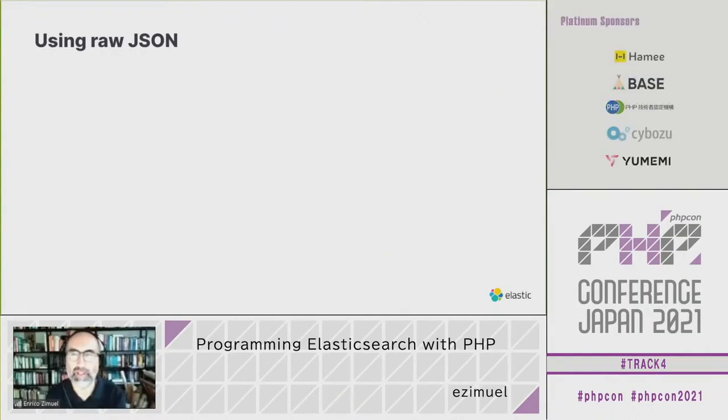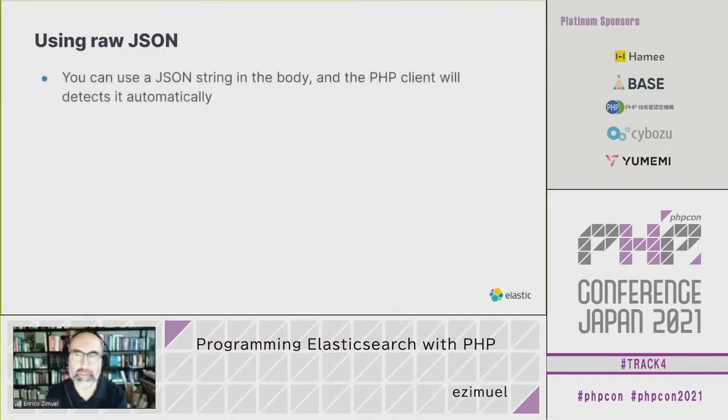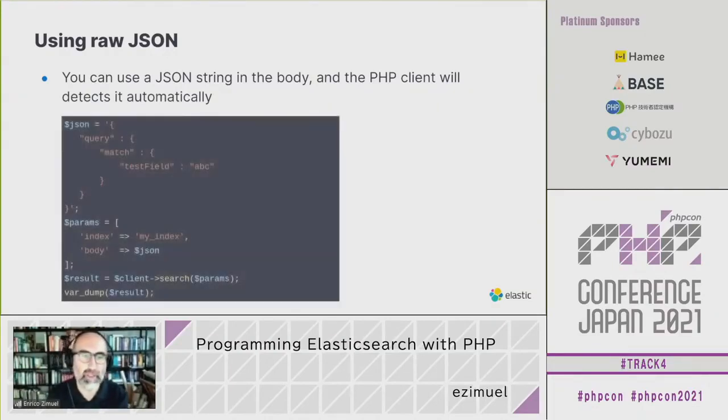There is also a nice feature of Elasticsearch-php, that is using a raw JSON. What does that mean? If you already have a JSON ready for the REST API of Elasticsearch, for instance you copy and paste from Google, from Stack Overflow, from the manual of Elasticsearch, whatever, and you just want to pass the JSON as is without converting it into an associative array, you can do this in Elasticsearch-php. How can you do this?